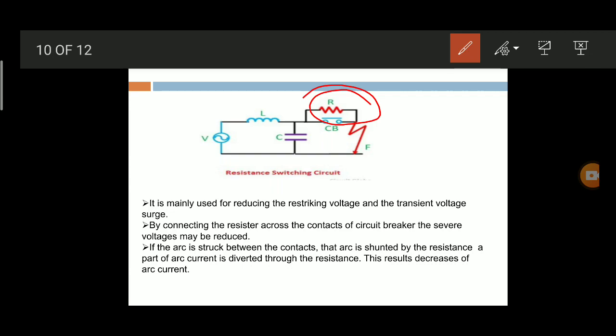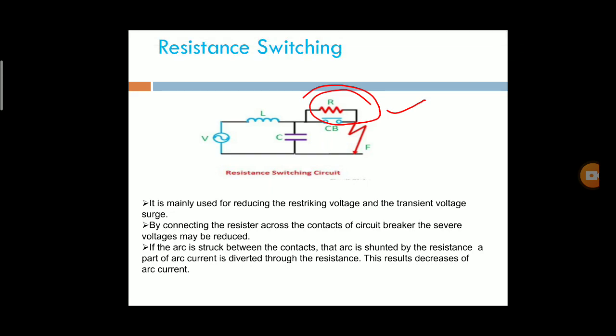Alternatively, the resistance may be automatically switched in on the transfer of the arc from the main contacts to the probe contacts. This is the resistance switching. That resistance is connected across the contacts of the circuit breaker.